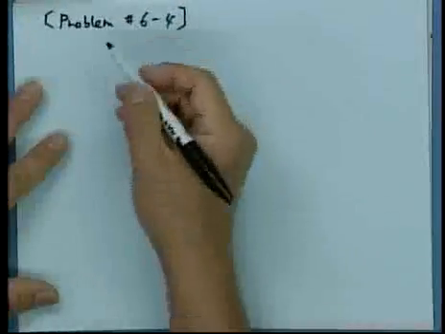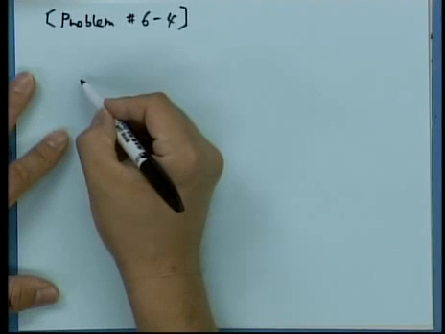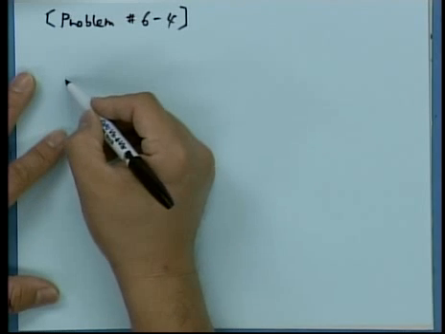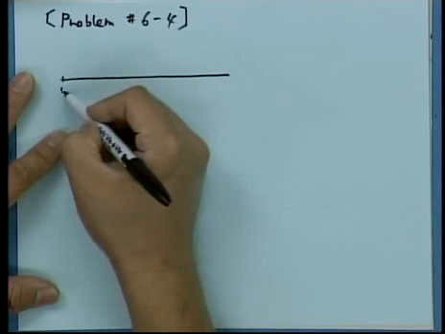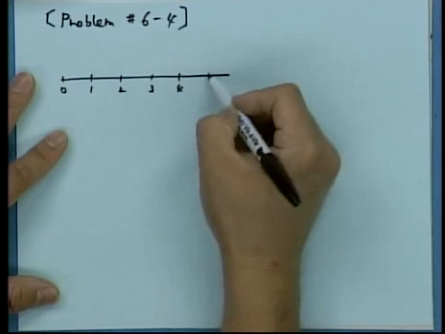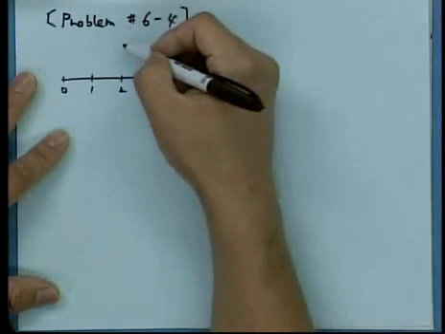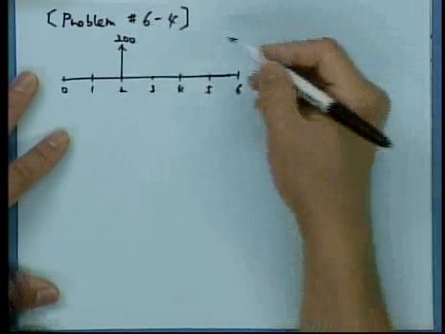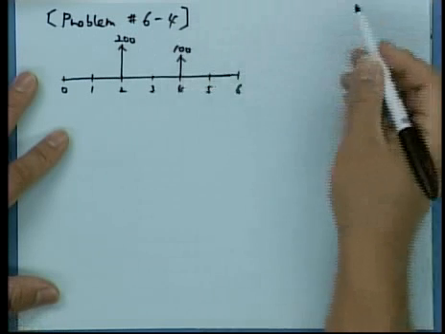Let me redraw the cash flow diagram. Zero, 1, 2, 3, 4, 5, and 6. At the end of period 2, there is $200. At the end of period 4, $100.